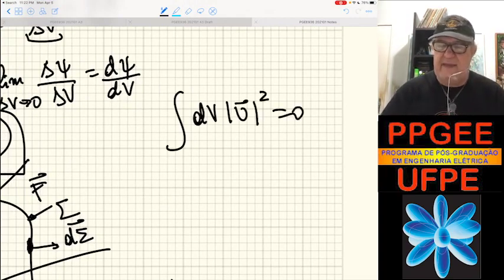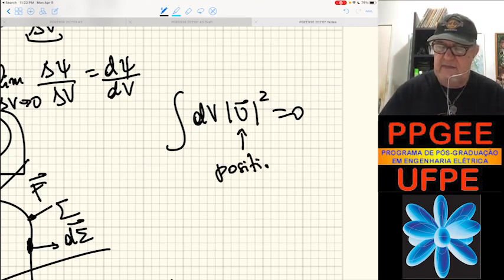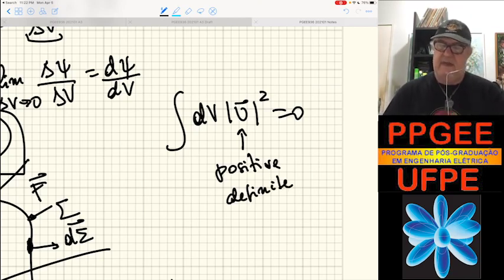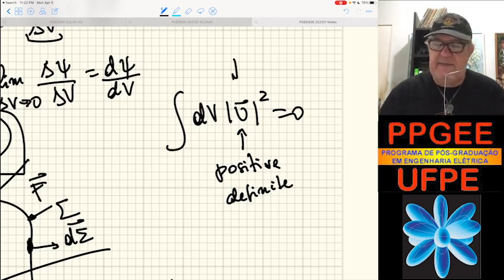There's only one way. This is a positive definite function, right? It doesn't become negative.